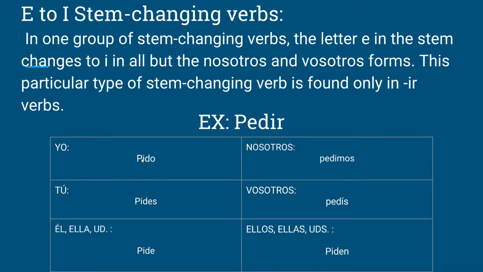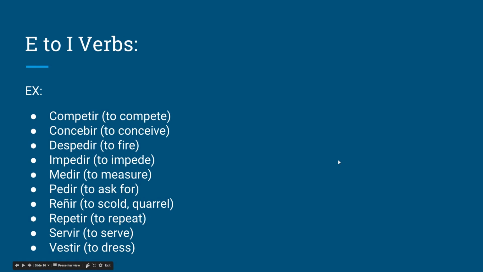Here's an example with the verb pedir. You change the E to I, so you put pido, pides, pide, except for the nosotros and vosotros forms, as I mentioned before. So you put pedimos and pedís. Awesome. And here are some more examples of verbs that do that.